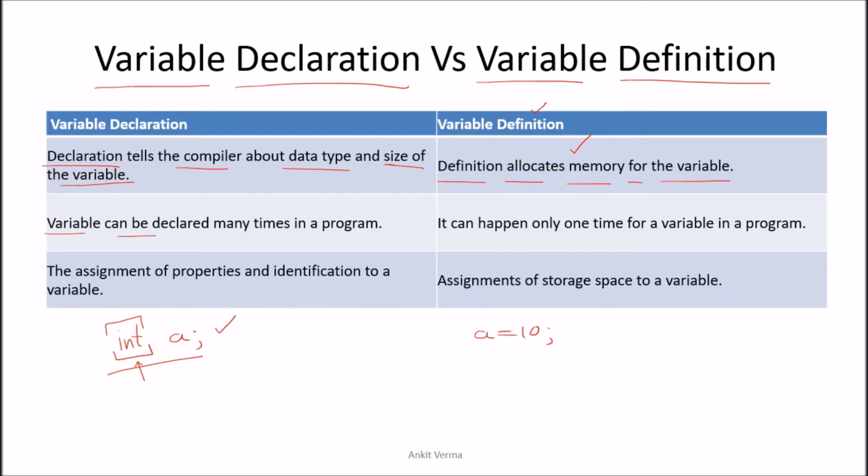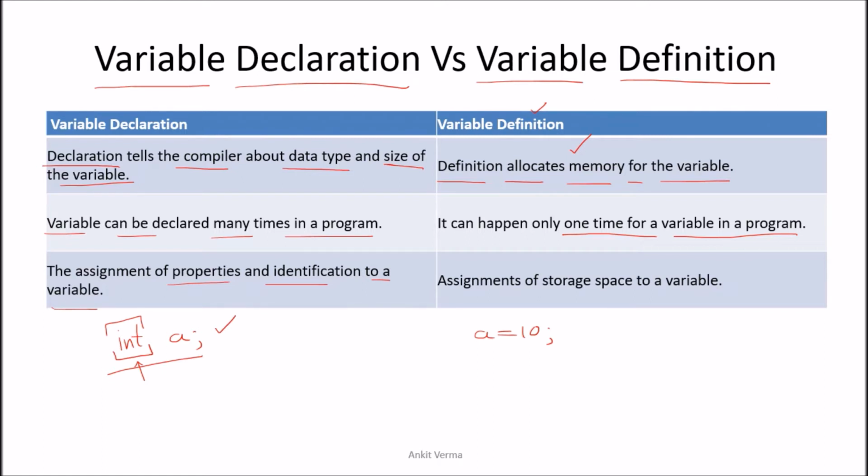A variable can be declared many times in a program. Means you can say int a multiple times, but the memory for that variable will be allocated only once. It can happen only one time for a variable in a program. The assignment of properties and identifier to a variable is done in the declaration part. Means the properties are defined.